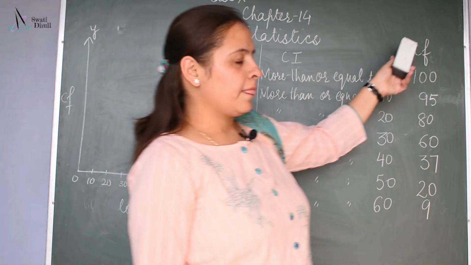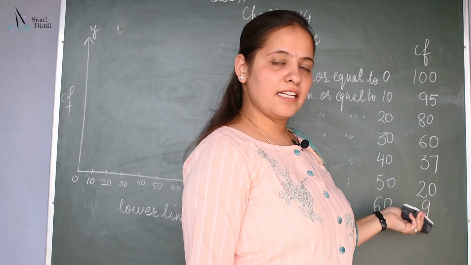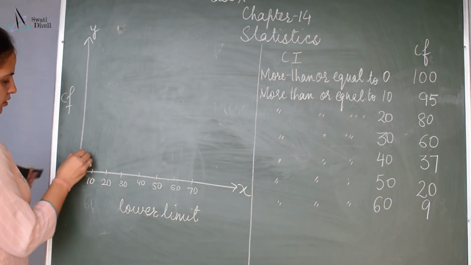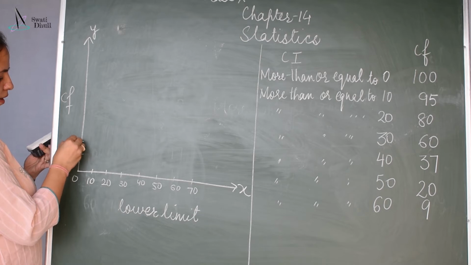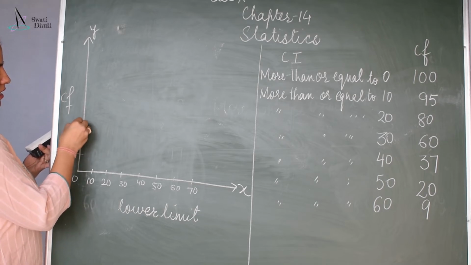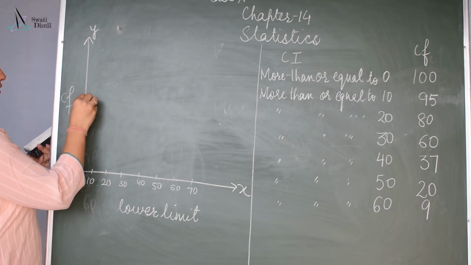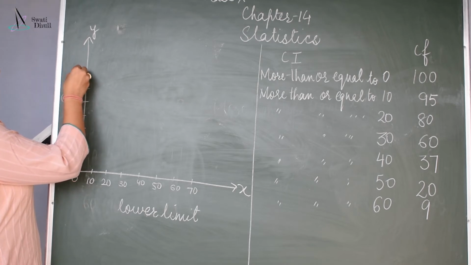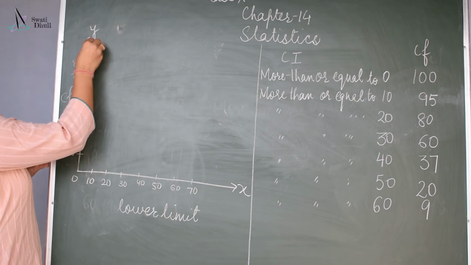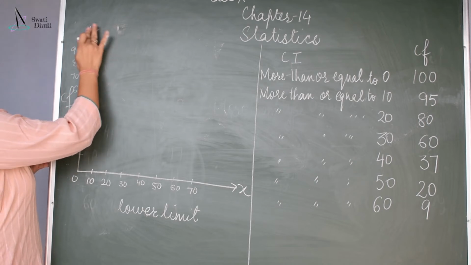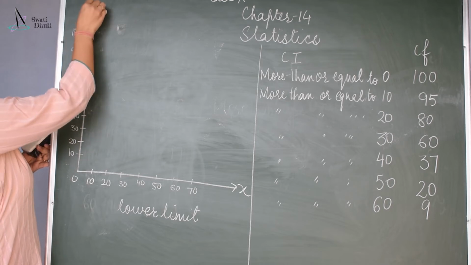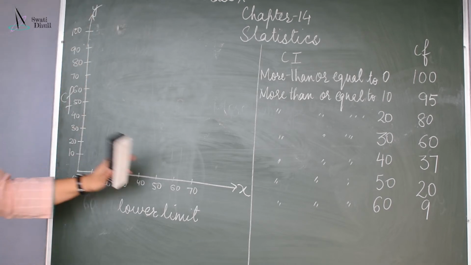And on y-axis you must take the proper scale. So let's take the scale of 10. So 10, 20, 30, 40, 50, 60, 70, 80, 90. We need till 100. So we have to extend this y-axis. So you will get y and x axis.